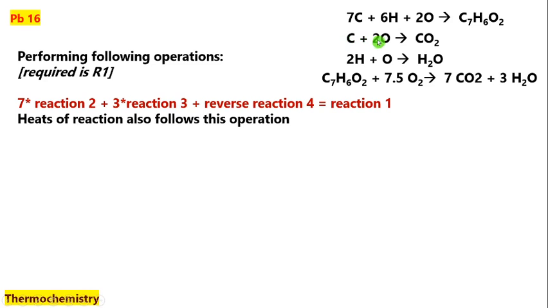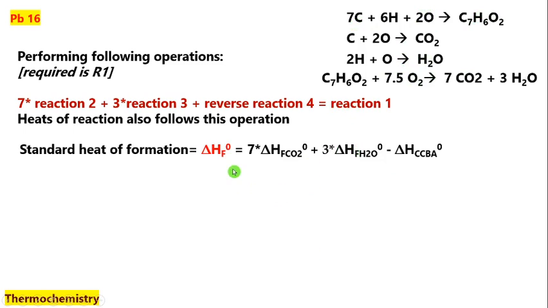It is 7 C plus 14 O gives 7 CO2. Here it is 6 H plus 3 O gives 3 H2O. This is the inverse: 7 CO2 plus 3 H2O gives you benzoic acid plus 7.5 O2. When you add them together, you get this equation. You can try it on paper, cancelling out the equal terms. You get reaction number 1.